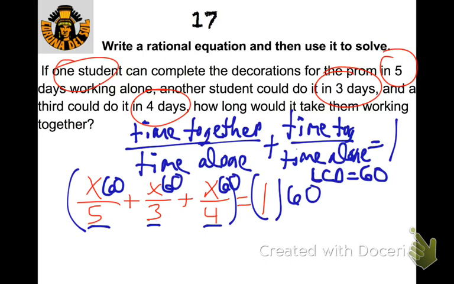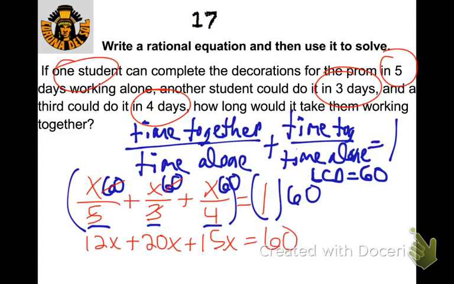So now I just see how they cancel. 5 goes into 60 12 times, so that's 12x. 3 goes into 60 20 times. 4 goes into 60 15 times. And then 60 times 1.